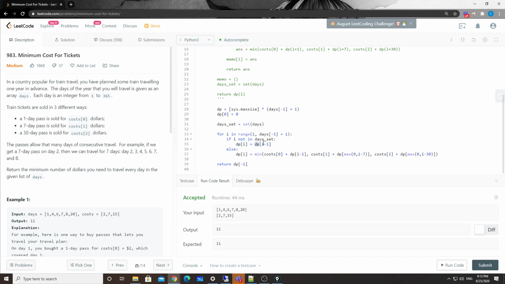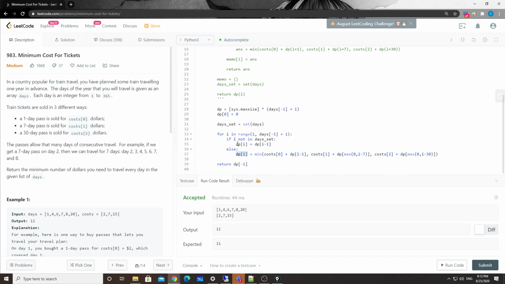For this problem, if we don't have to travel on the current day, basically we don't have to spend any money, and we still want to calculate this day.